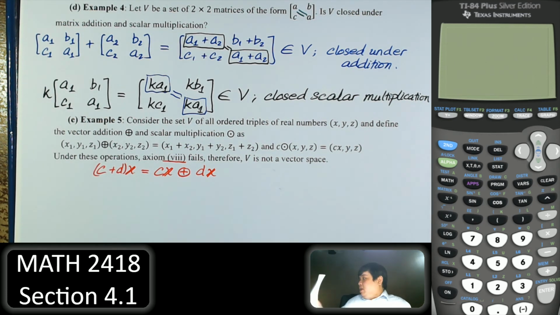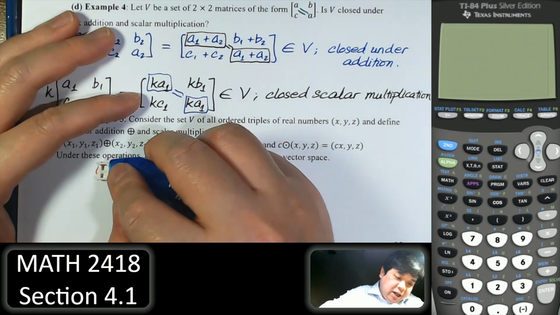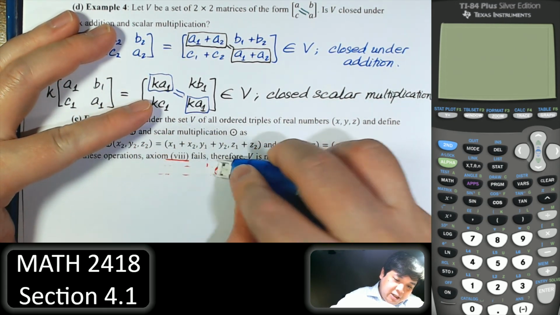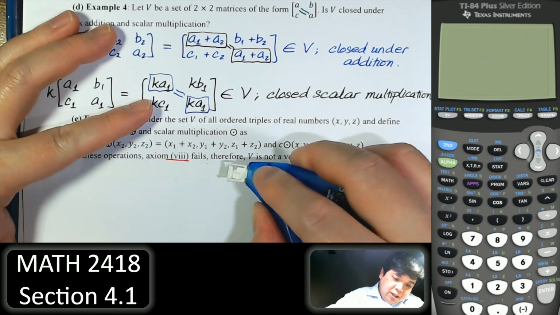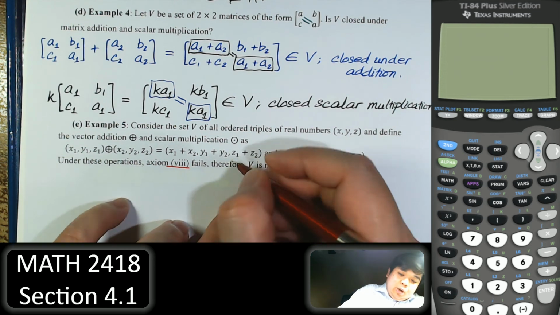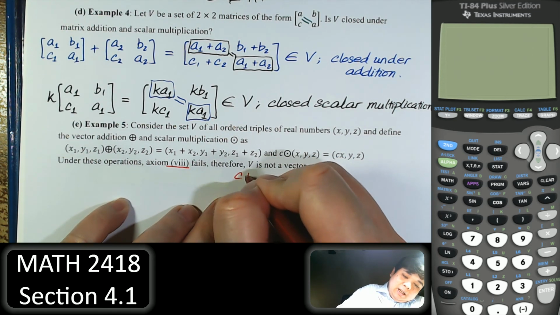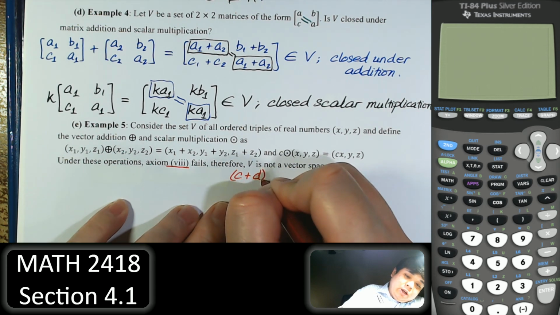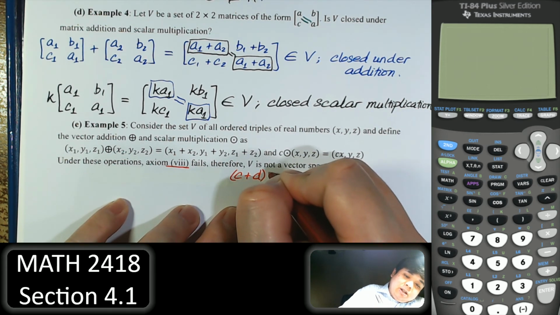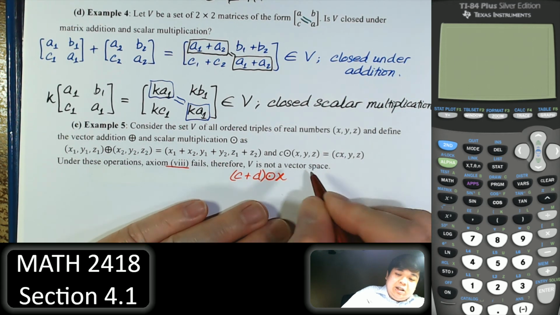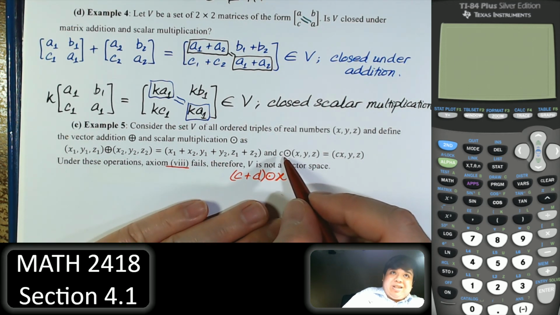And let's be clear, it is not even that. It should be this. We have C plus D. That is just addition of two numbers, so nothing special here. However, if we have a number times a vector, we have to use this operation because that's the way we define it.